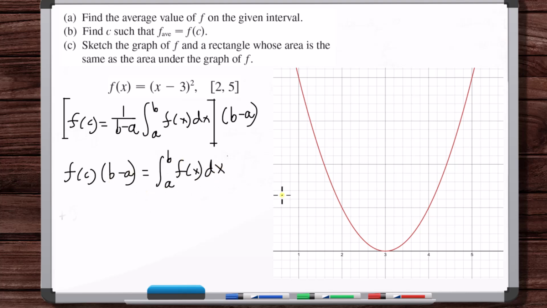So what is this saying? The area under the curve from a to b is equal to this rectangle here that's defined by just the interval width times the f of c height. But you can see that you can only really look at it this way for functions that are positive, because otherwise you get this net area that includes a negative area being subtracted, so it won't really work out that way unless f of x is positive over the whole interval.